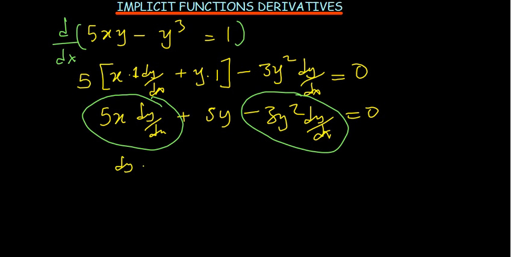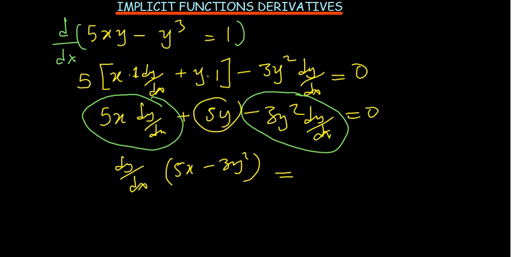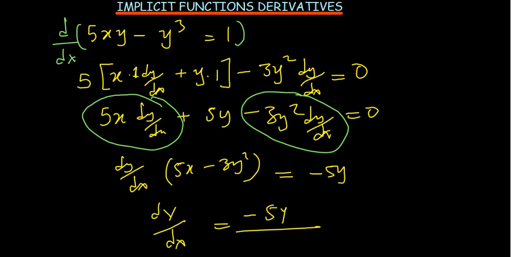We are going to have 5x minus 3y squared, and that is equal to, taking this to the other side, negative 5y. Therefore, dy over dx is equal to negative 5y divided by 5x minus 3y squared. That is the value for that one.